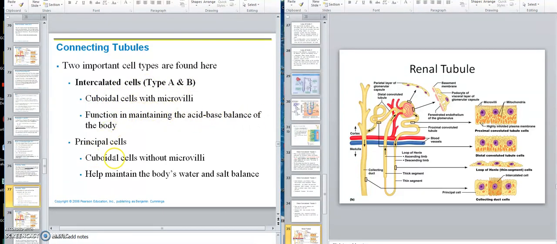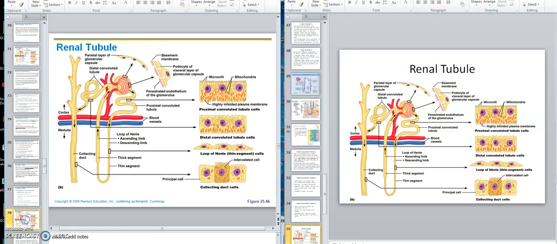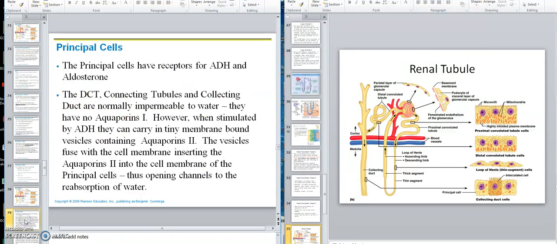The principal cells are cuboidal cells, and they have receptors for both antidiuretic hormone and aldosterone. Okay? So the principal cells, which are located in the distal convoluted tubule, the DCT, connect and collect, are normally impermeable to water.